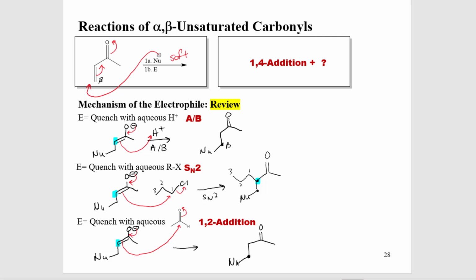We formed the carbonyl. It's basically us doing an aldol, right? From here, you have 2 choices. This is an aldol. And so you can do the reaction itself and just quench with a proton, giving you the alcohol.